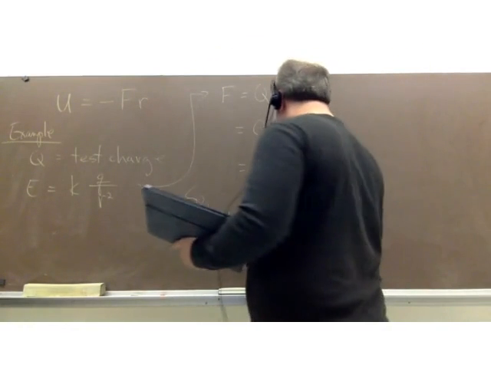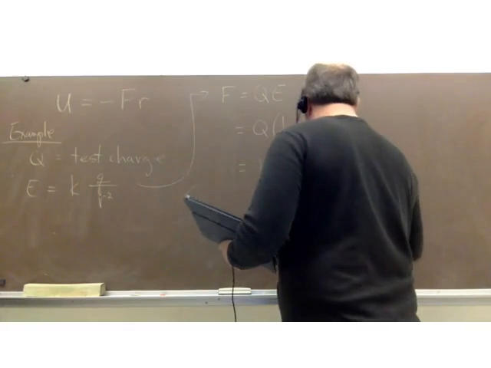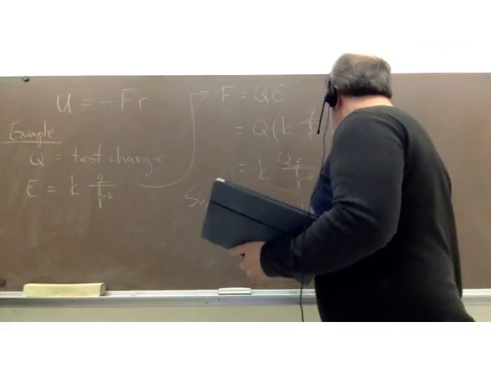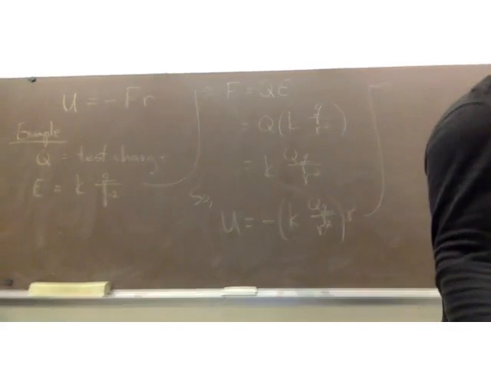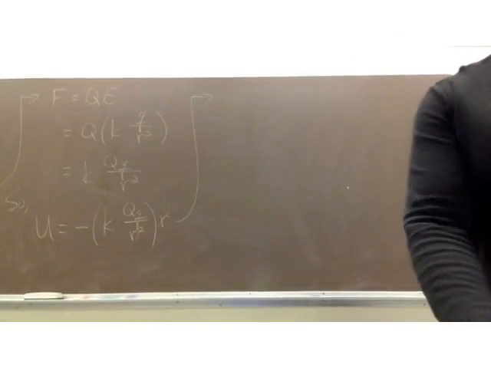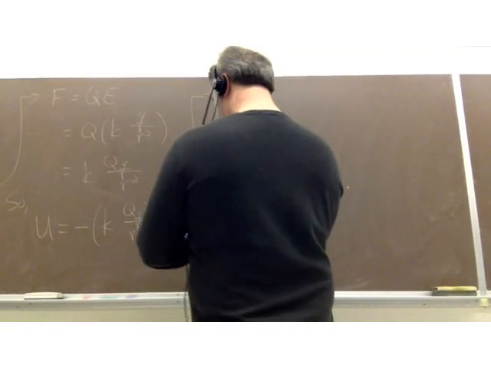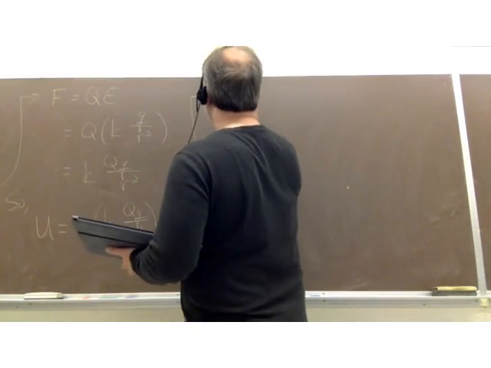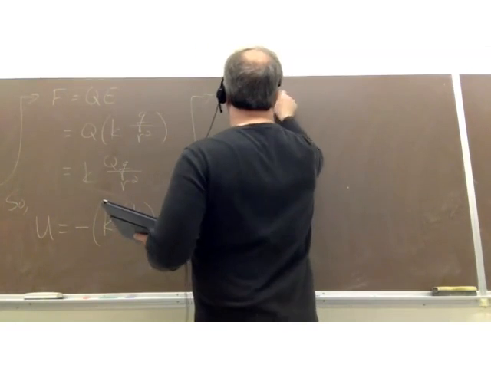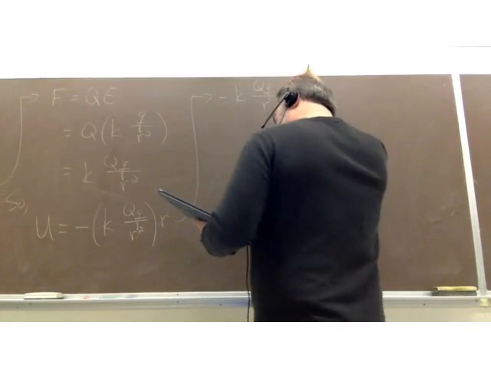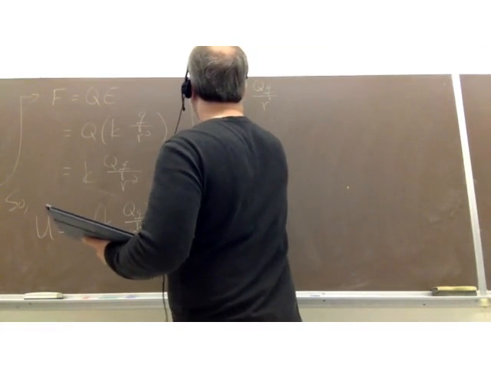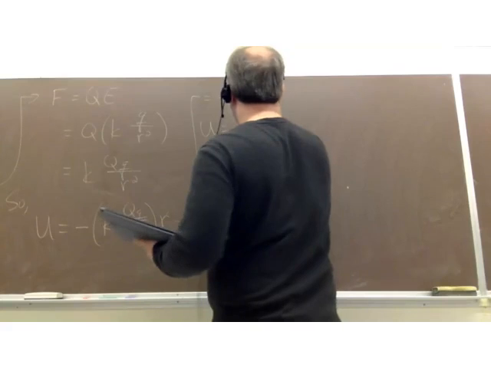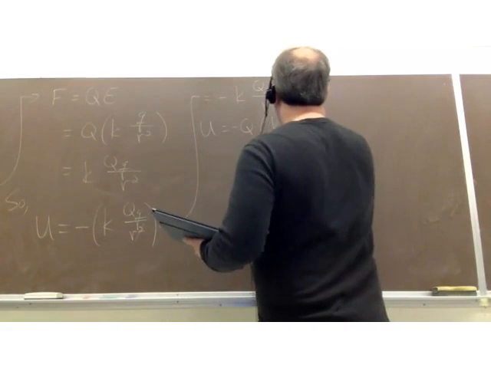F is kqQ over R squared times R. One of the R's divides out, and so the change in potential energy of our test charge is simply minus kqQ over R. But kqQ over R, I can write as q times negative kQ over R.